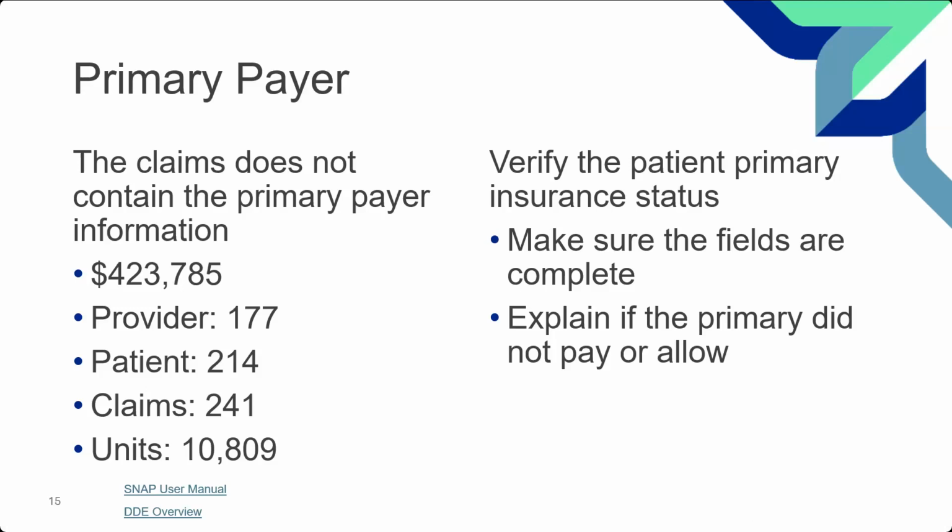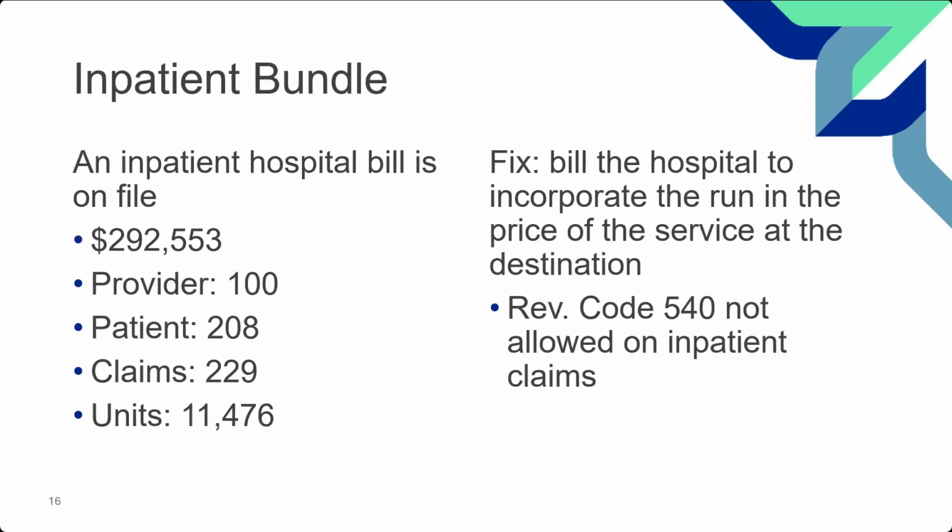There's also something that we call inpatient bundling. Now, inpatient bundling simply means that the hospital has an inpatient bill on file. Similar to a skilled nursing facility, remember I talked about consolidated billing, SNF consolidated billing, except this one is for a hospital. So that's the difference.